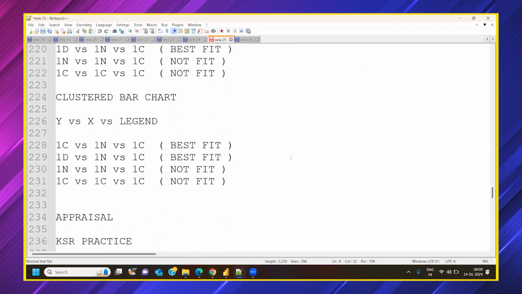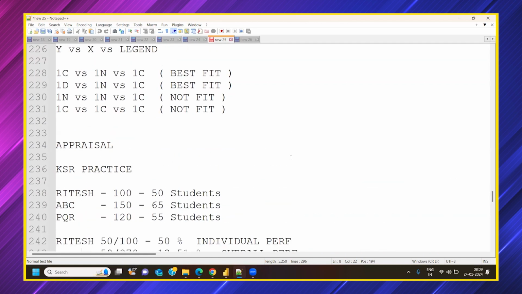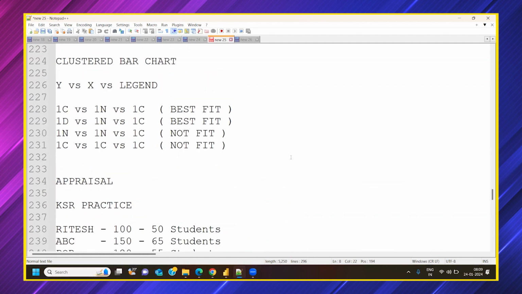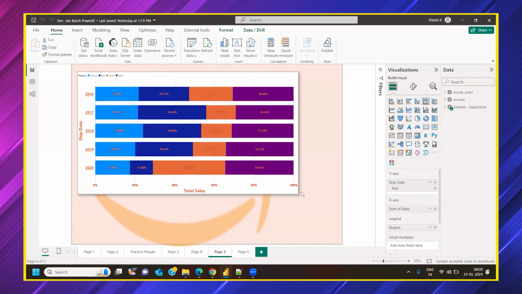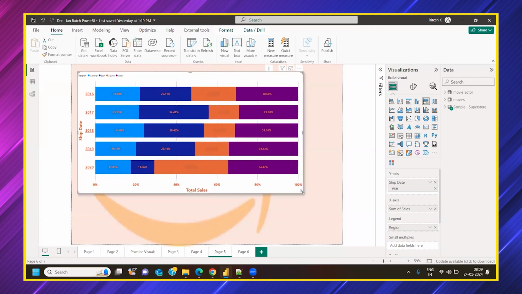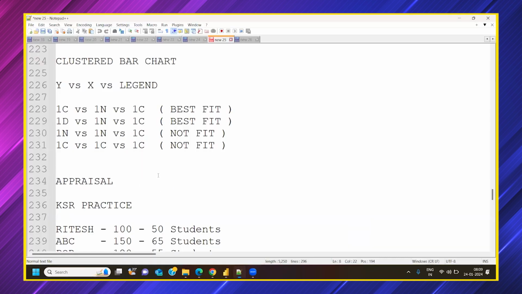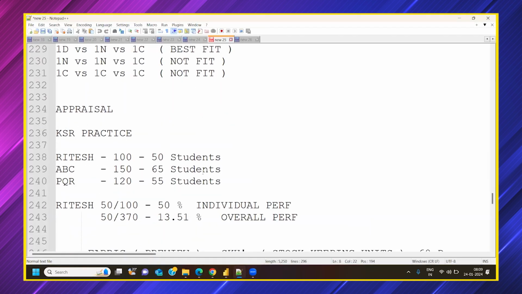And at the end, we saw an example of the 100% stacked bar chart or 100% stacked column chart, and where and how to use these concepts. We will also see a few more insights on what exactly the use case is. We also saw an example of an appraisal going on, and how we calculate it. For individual level performance, we can directly use the 100% stacked bar or column chart.